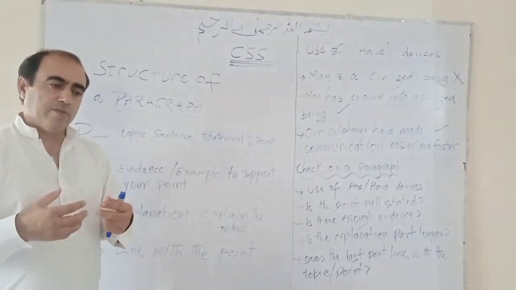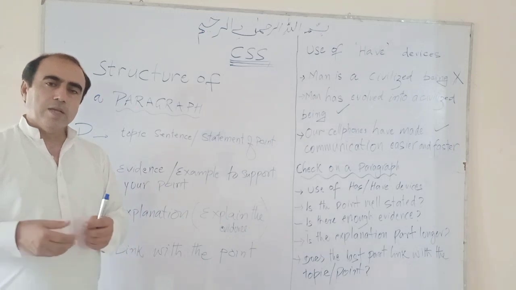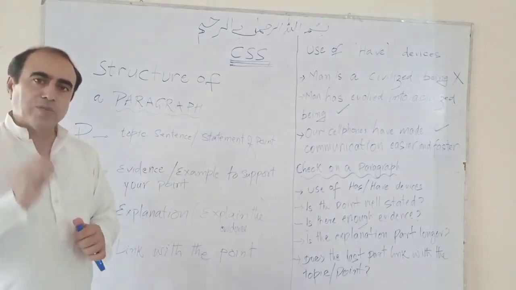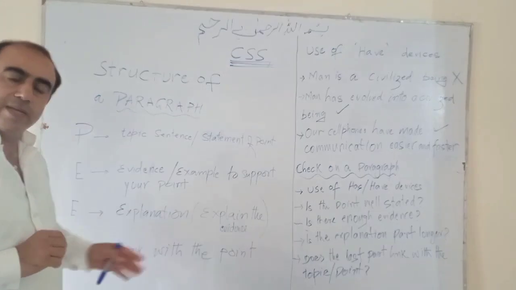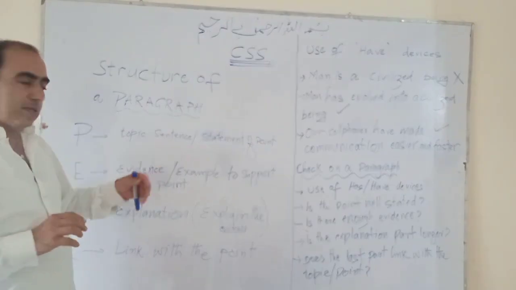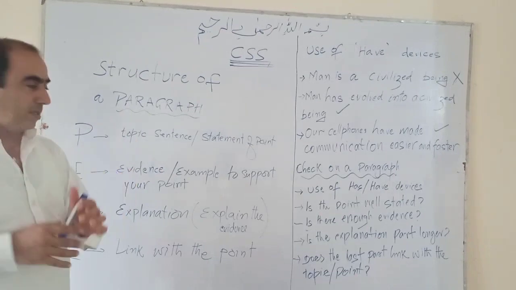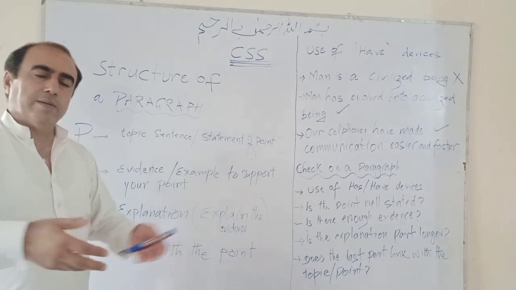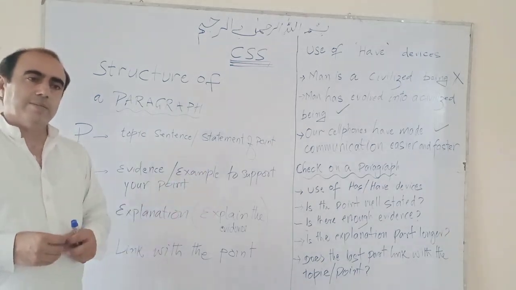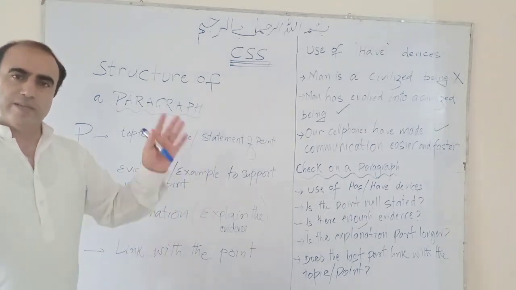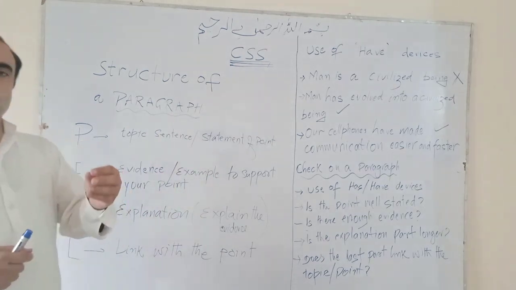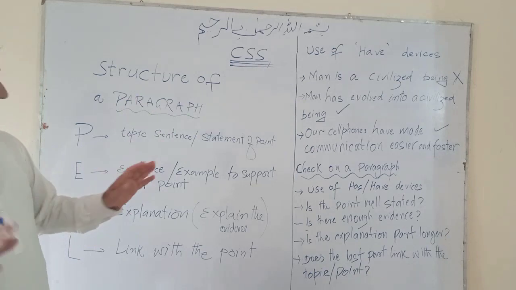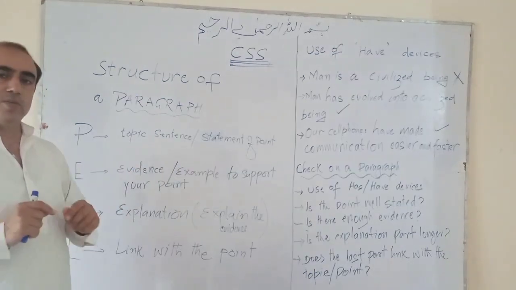Mostly, throughout my long experience of teaching, I have seen that students usually ignore these aspects. They do not make a good topic sentence. They just state a thing in a vague way even. The first sentence would just be good for subject, verb and object agreement. There is no point in it usually.